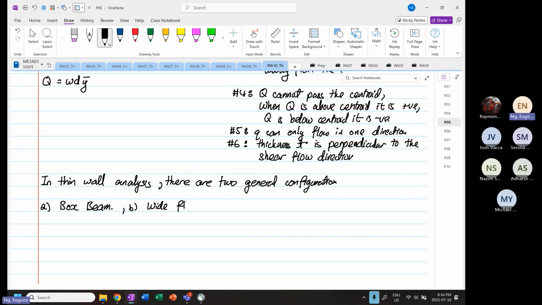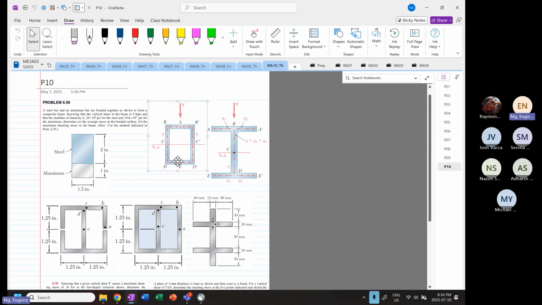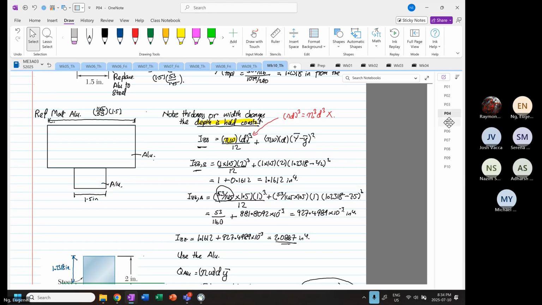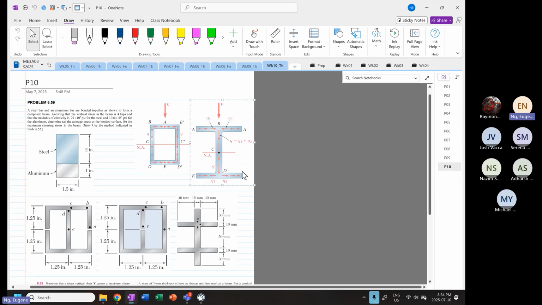So in thin wall analysis, there's the box beam and the wide flange. What is the difference between the box beam and the wide flange? Over here there's one diagram, and then there's another diagram over here.